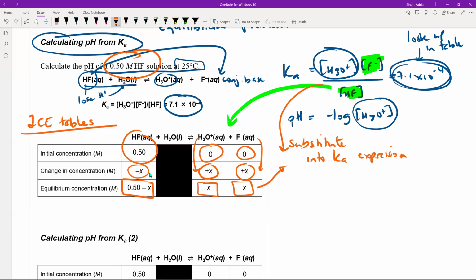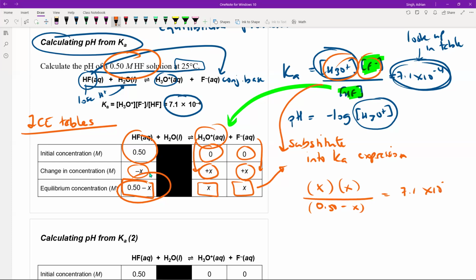We have our H3O plus, which we're trying to solve for, and we know that is X. So we have X times the F minus, which is also X, divided by 0.50 minus X, that's the HF concentration. And all of this together is equal to 7.1 times 10 to the minus 4. I'm plugging my equilibrium concentrations into that Ka expression.